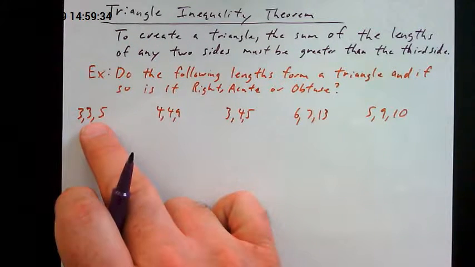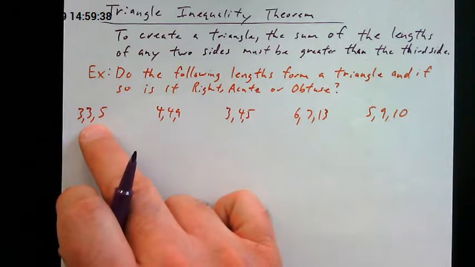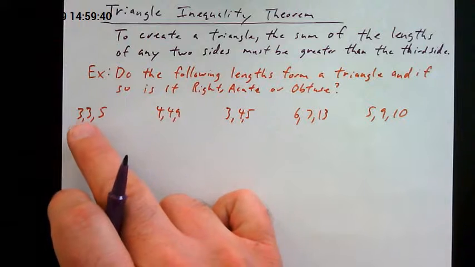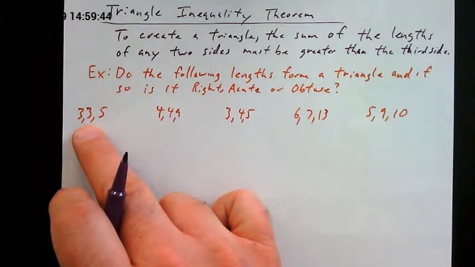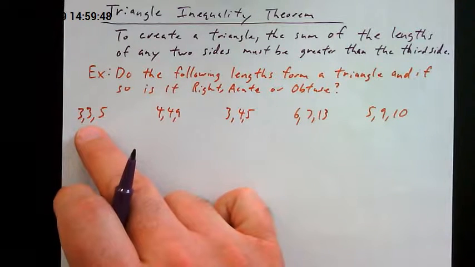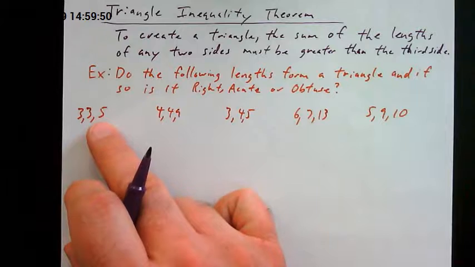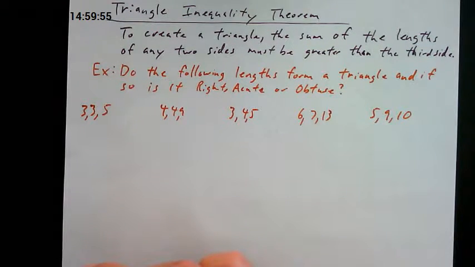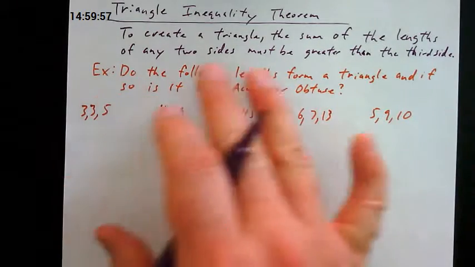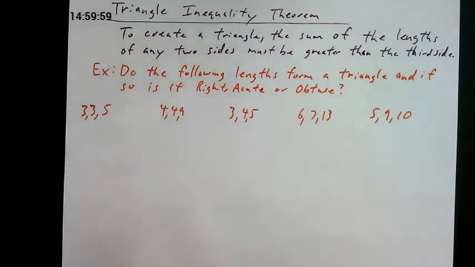All right. Anyway, 3, 3, 5. So what we're looking for here is to see, is this going to make a triangle first off? So if I take 3 plus 3, that adds up to 6. 6 is greater than 5. So that should work for a triangle. Now, the way this is stated, you should be able to check any two sides and see it's greater than a third.